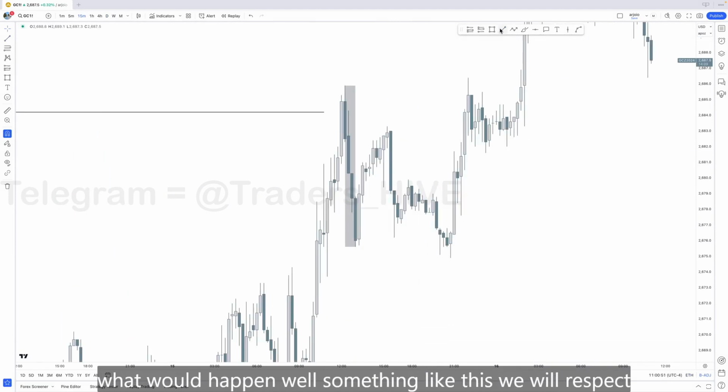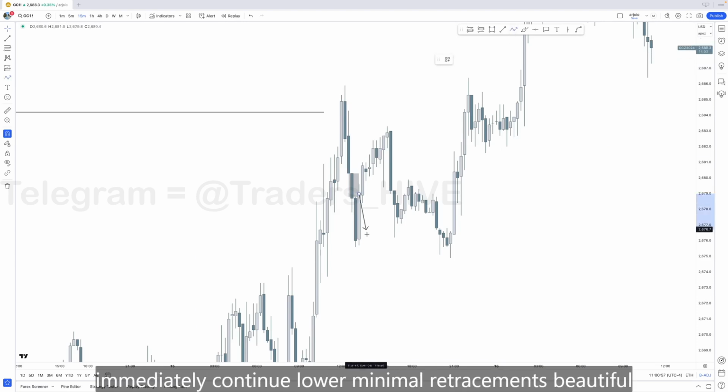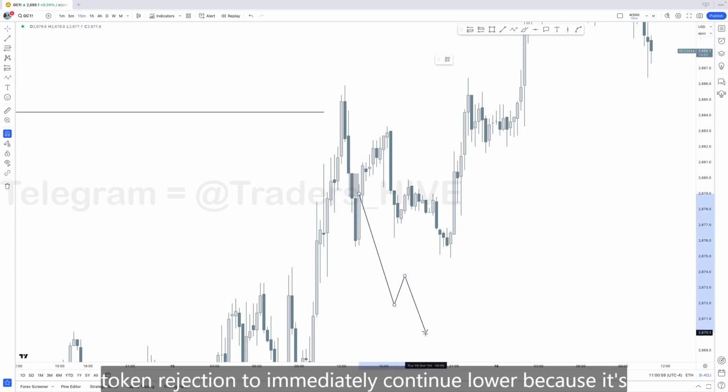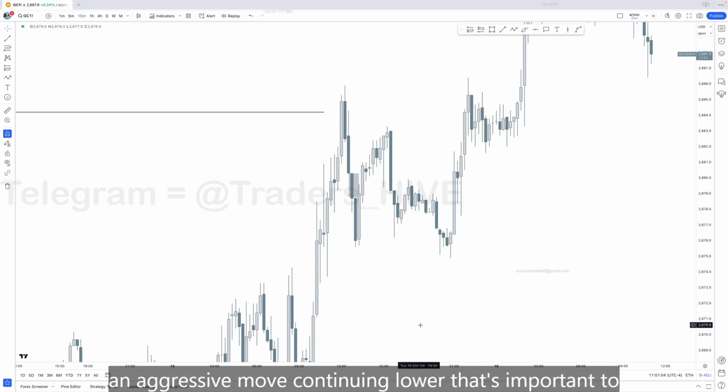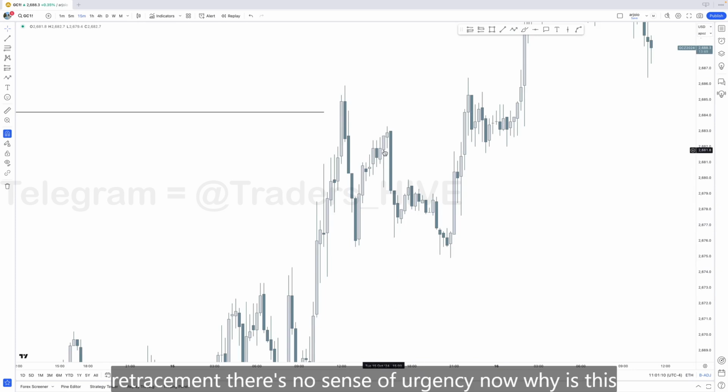Well, something like this. We would respect the first fair value gap that we have right there to then immediately continue lower. Minimal retracements, beautiful rejection to immediately continue lower because it's an aggressive move continuing lower. That's important to understand. This is a huge retracement, a very deep retracement. There's no sense of urgency.